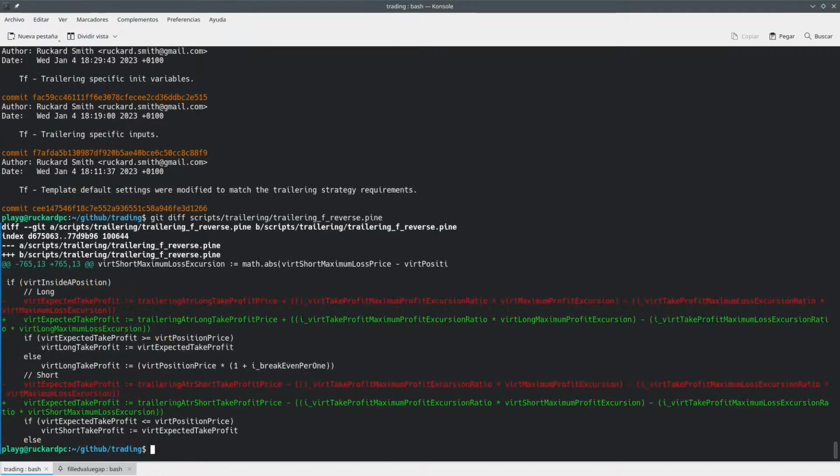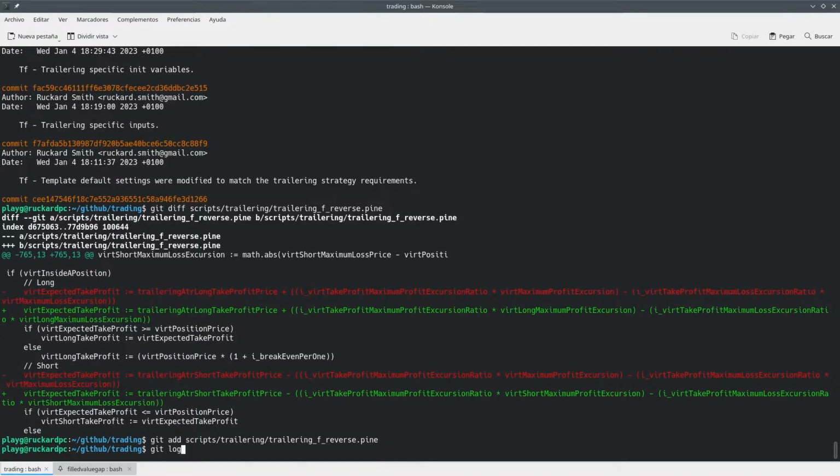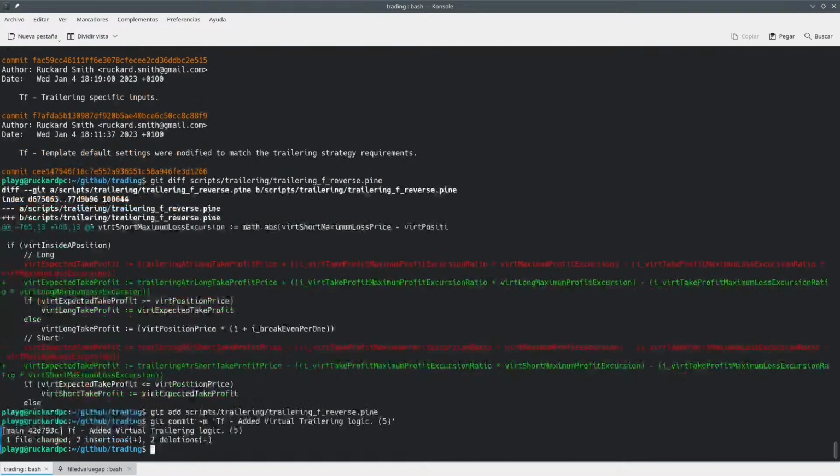What do we have here? Okay, so we are using the long one and the long one, and here we are using the short one and the short one. So this is quite good, if you ask me. So now we should be able to add this and say that this is number 5. Nice.